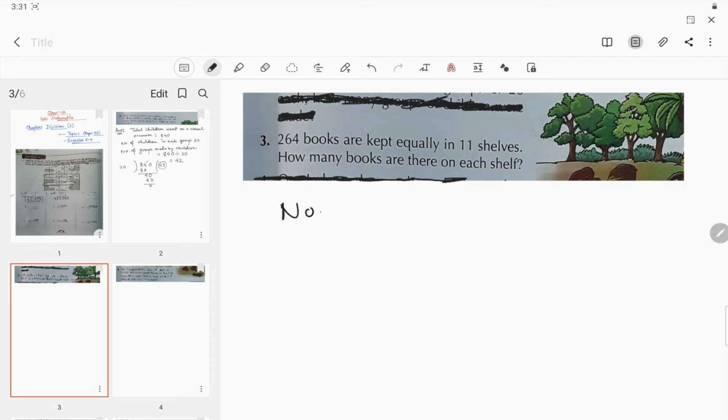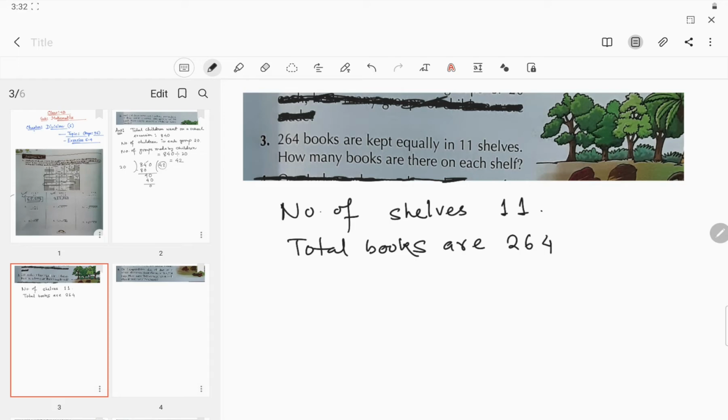So the number of shelves is 11, and the total books are 264.